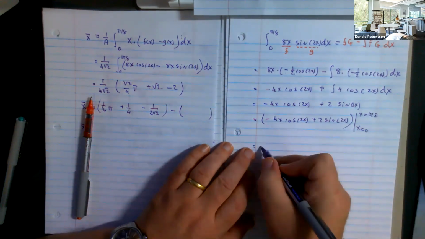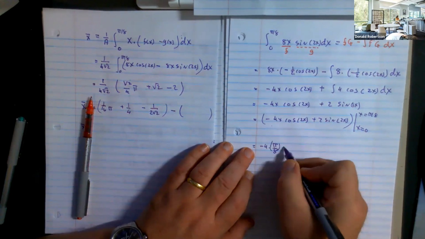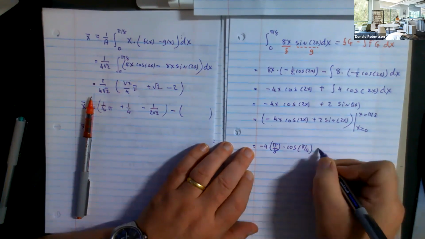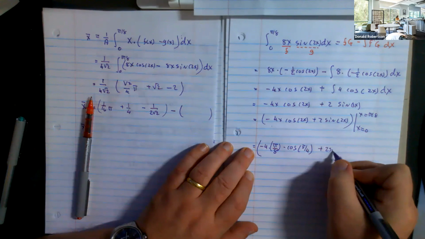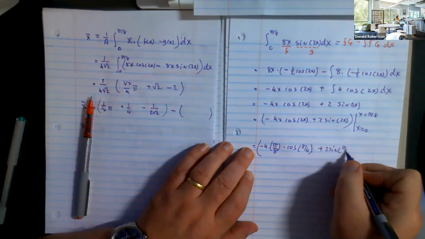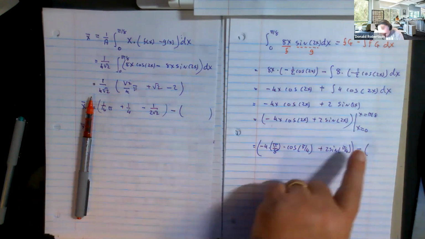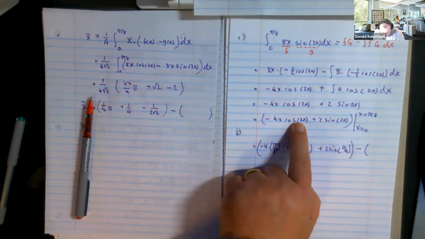So it's negative 4 pi over 8 times the cosine of pi over 4. Add 2 lots of that, so 2 times the sine of pi over 4. Take away, if you plug in 0, that's 0. If you plug in 0, that's 1.